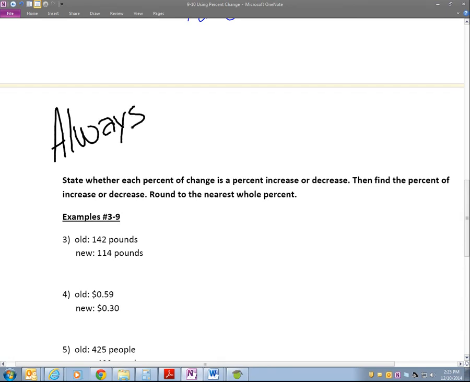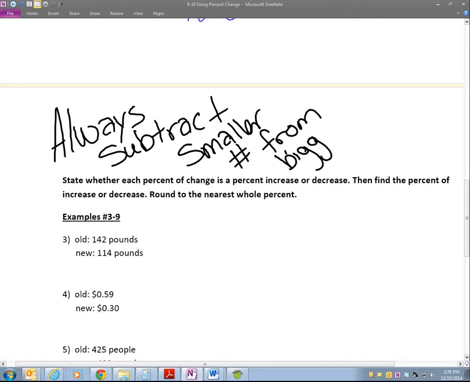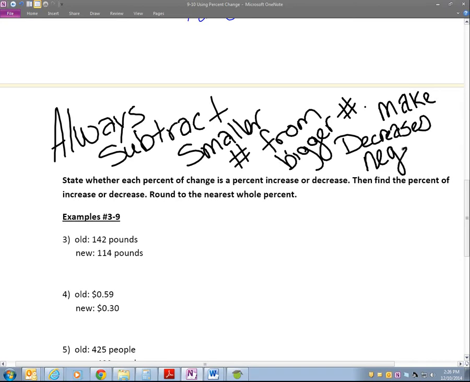Always subtract the smaller number from the bigger number. Make decreases negative. Okay? Make decreases negative.